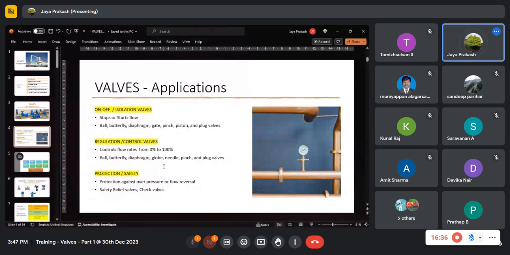That is a safety valve. There are two types of valves: safety relief valve and pressure relief valve. These two are different.